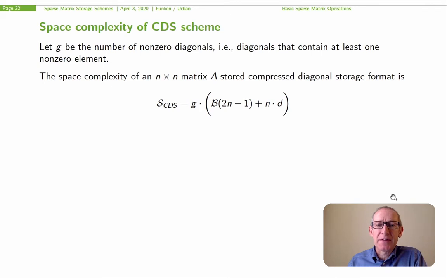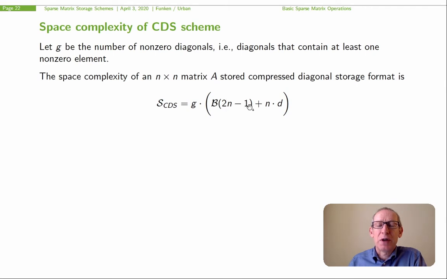The space complexity for this matrix is in some sense quite good. So if d is the number of non-zero diagonals, and if you have only a few zero entries on the diagonal, this is only a little bit of overhead. But then you store n times d for your diagonals, and just for indexing the shift vector, which is of size 2n minus 1.